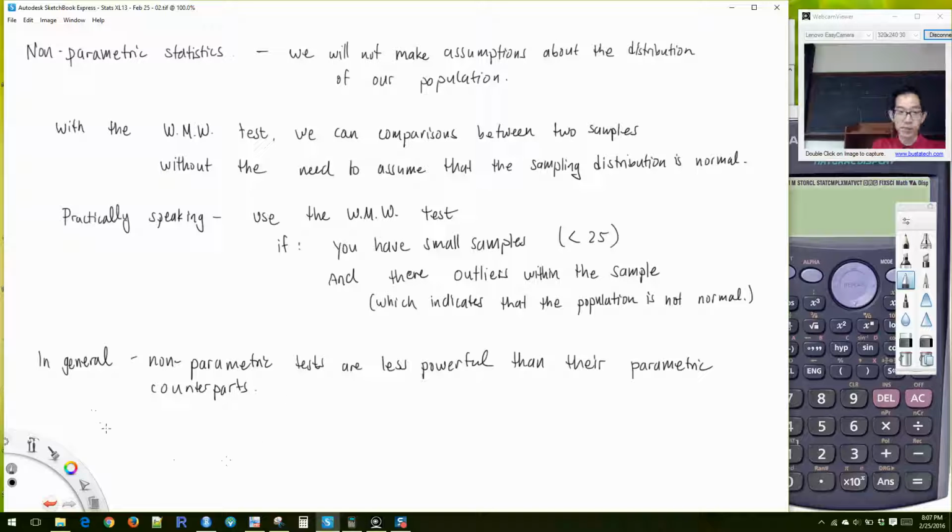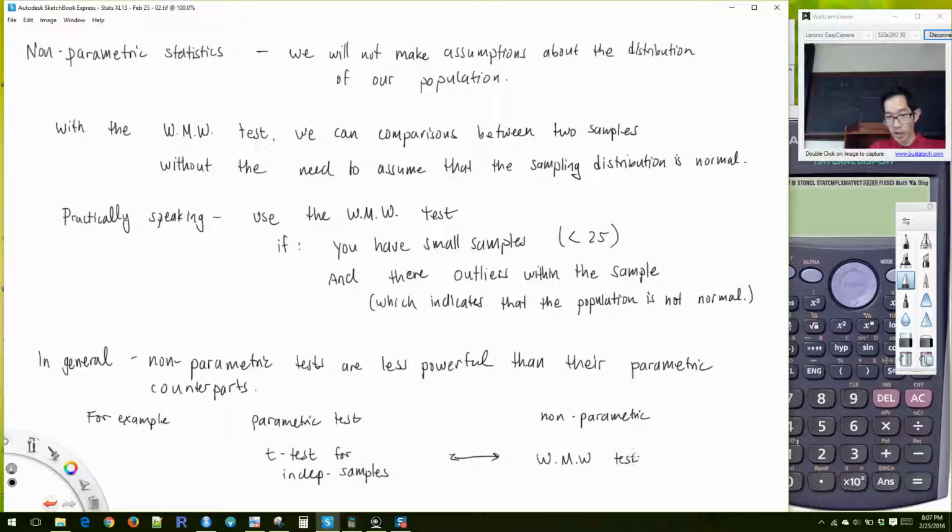For example, we have the parametric test, which would be the t-test for independent samples, and then the non-parametric would be the Wilcoxon MannWhitney test. So what does it mean to be less powerful?